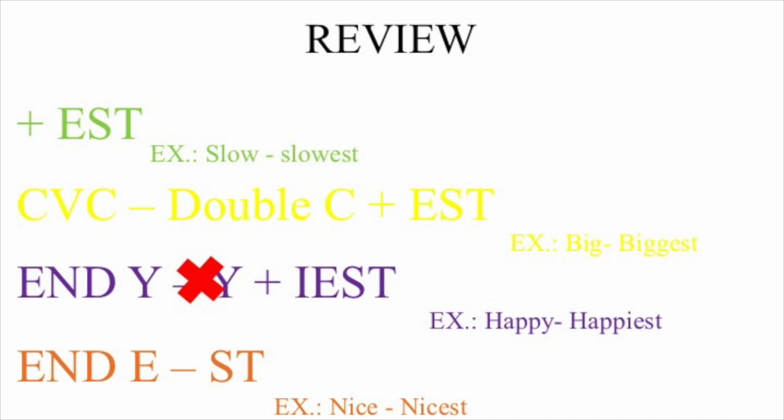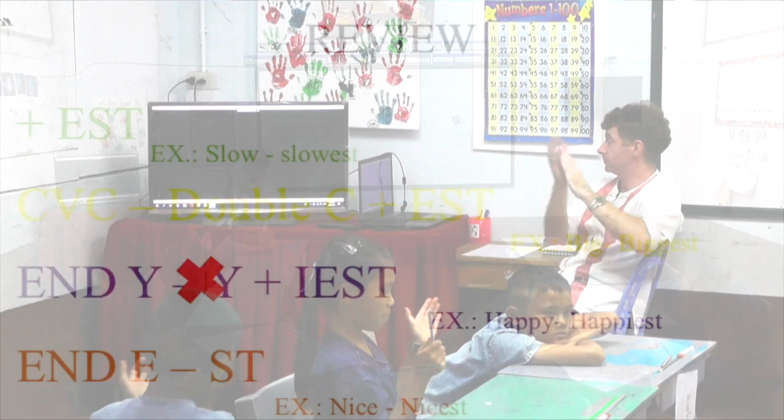I-E-S-T. Happy, happiest. And then finally, if we already have E on the end, what do we add? S-T. Nice, nicest. Any questions, guys? No. Okay, that was excellent. Very well done.